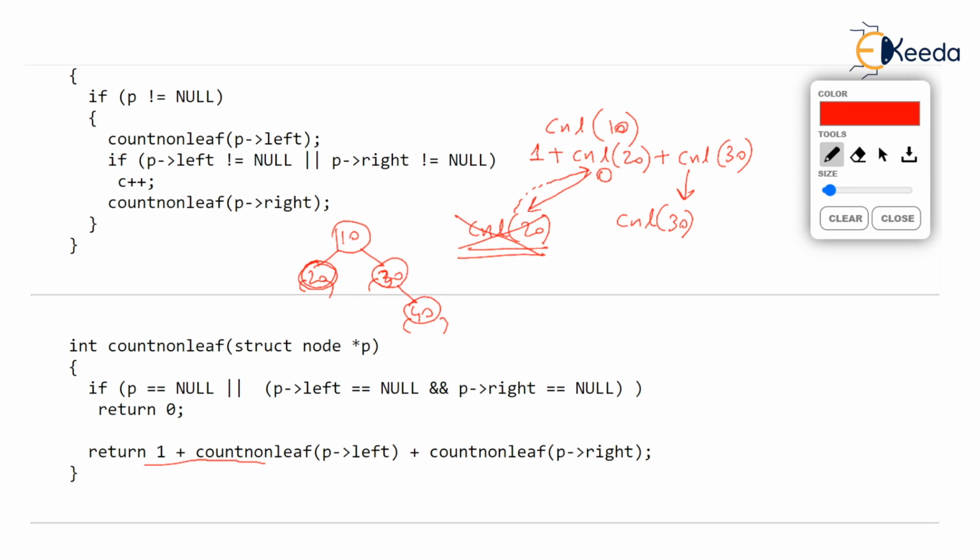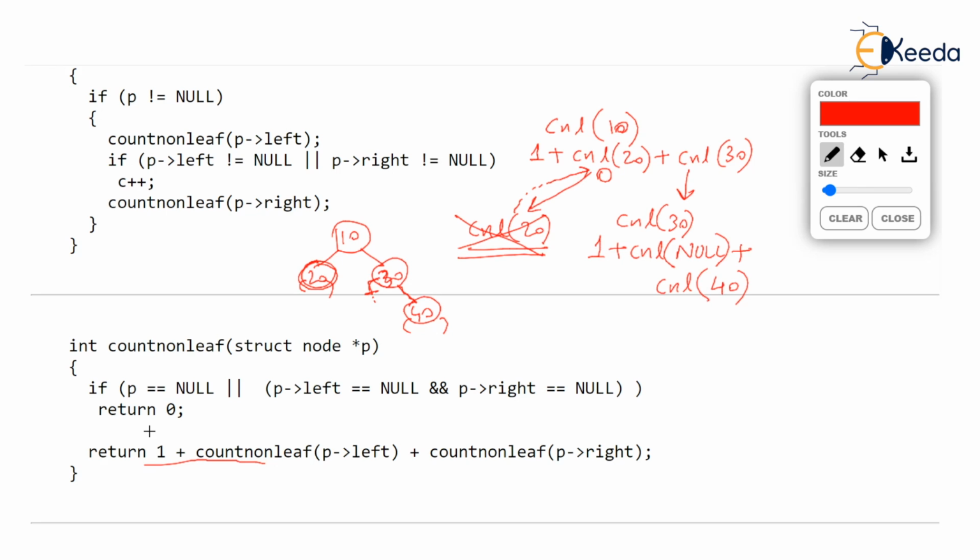So 30 will say, I am a non-leaf, so I will count 1, and I will inquire how many non-leaf nodes are towards my left. But you observe left of 30 is null, isn't it? Check the diagram, left of 30 is null. And I will add how many non-leaves are towards my right, and the right child is 40.